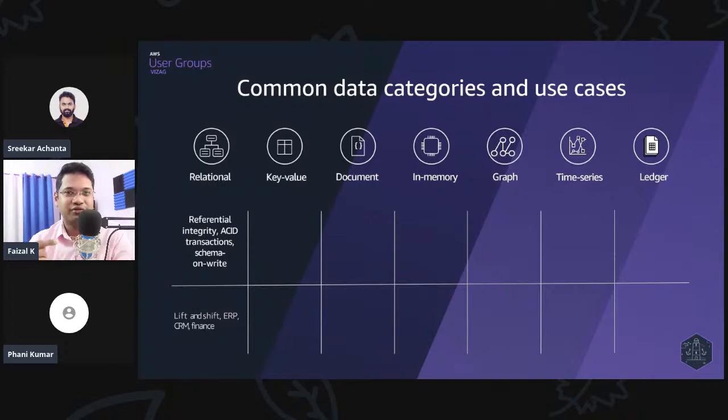If one transaction fails, it's supposed to reverse itself. That's something with regards to ACID, which we'll cover later. You're going to use this in your ERP systems, your CRM systems, any kind of financial systems that you have. You're most likely going to see these kinds of databases.